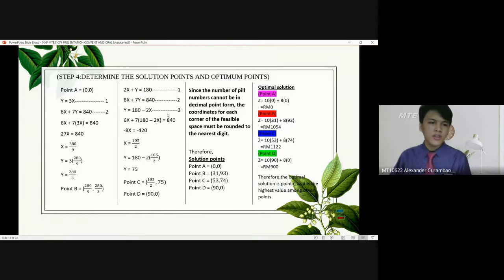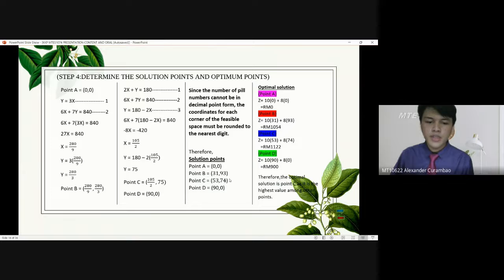So point A, no need, already 0, 0. Point B, the x-axis is actually 31.1. So we just simply put it as 31. This is 280 over 3, which is 93 and something, so we just put it as 93.